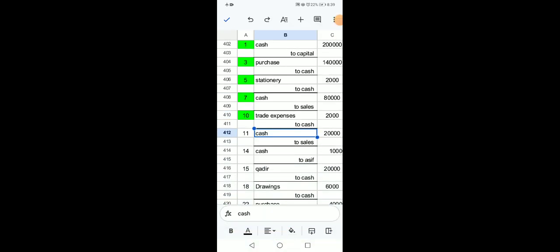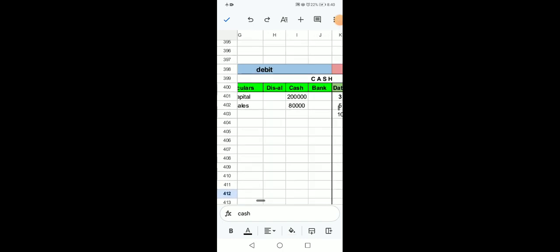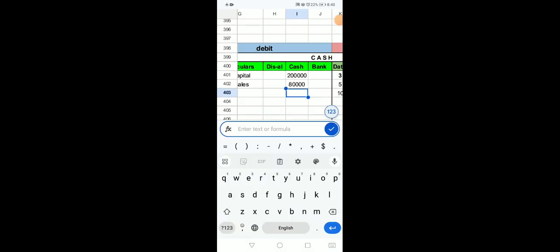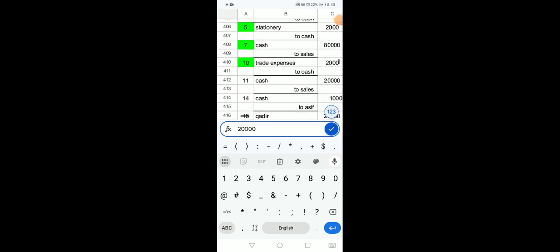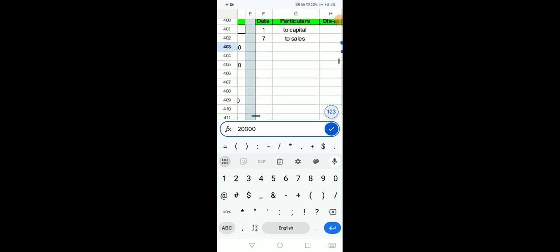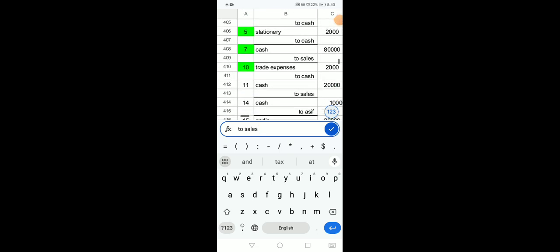There are two elements, but we are associated with only one element, which is cash. Cash is debited by 20,000. Go to the debit side of the cash, write down 20,000 over here, and now see the reference. What is written on the opposite side of cash? It is sales. So you will write sales over here and mark its date, which is 11.